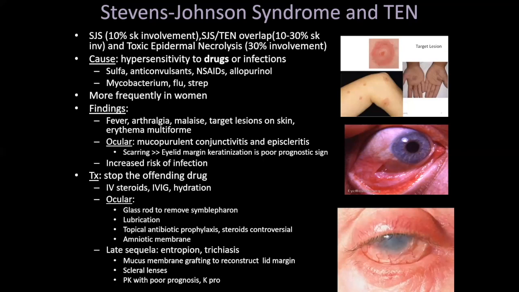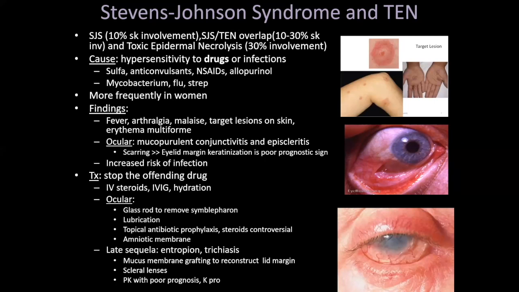Wonderful, wonderful. So we have these subtypes, right? It's almost the same presentation, but depending on the amount of skin involvement, we're able to classify them into 3 clinical entities. SJS is when you have the skin lesions with up to 10% skin involvement.